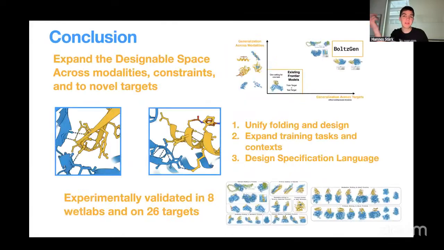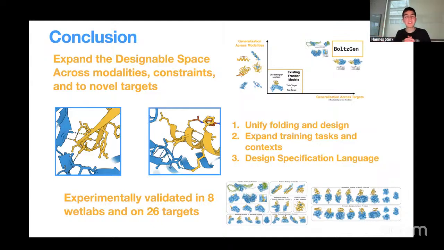And that's where I want to conclude, saying, right, we set out on this task to improve generalization, to enable these models to generalize to new targets and across modalities like proteins, peptides, and nanobodies. And then we had this solution where we unify folding and binder design in one training procedure and one model, and also across all different possible modalities of biomolecules.